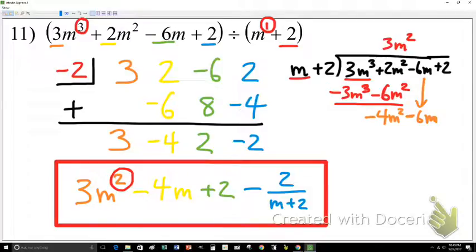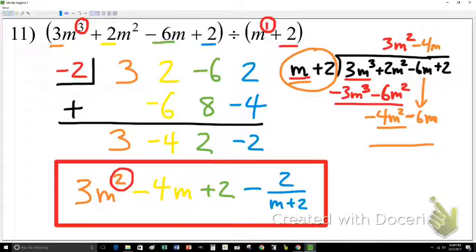Okay. And now the process can repeat again. This time, though, I divide this leading term, negative 4m squared, by the m. So dividing negative 4m squared by that m there, I have negative 4m. So I place that result over here, negative 4m. And then I'll multiply that negative 4m times this binomial here, and the result will go underneath here.